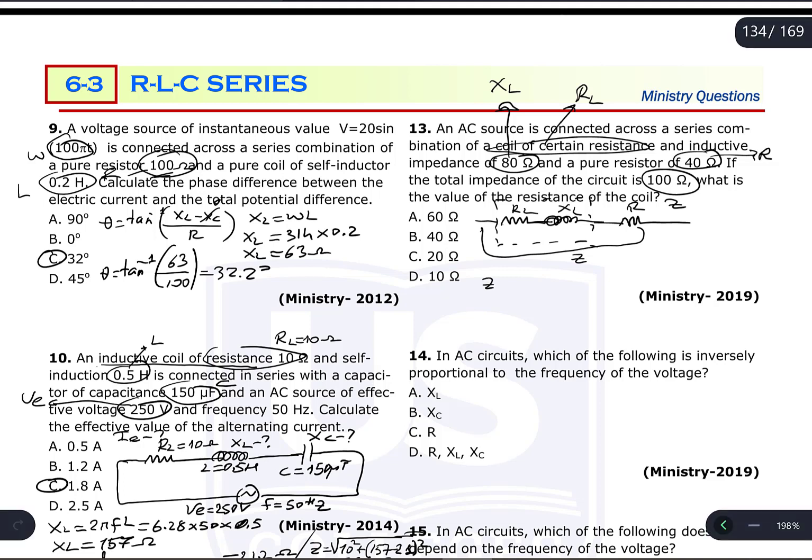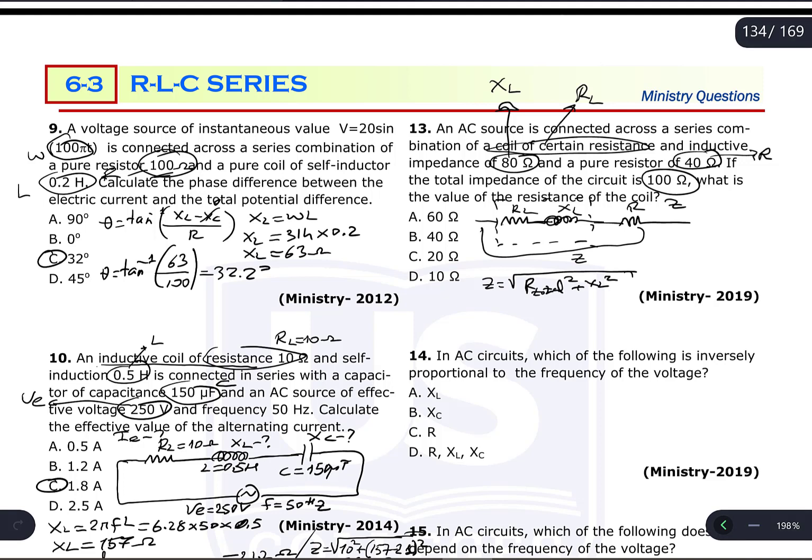So Z is going to be root of R total squared, because I am going to add these two resistances, just like in DC circuit, how we add them in series. R total squared plus XL squared is going to be Z.